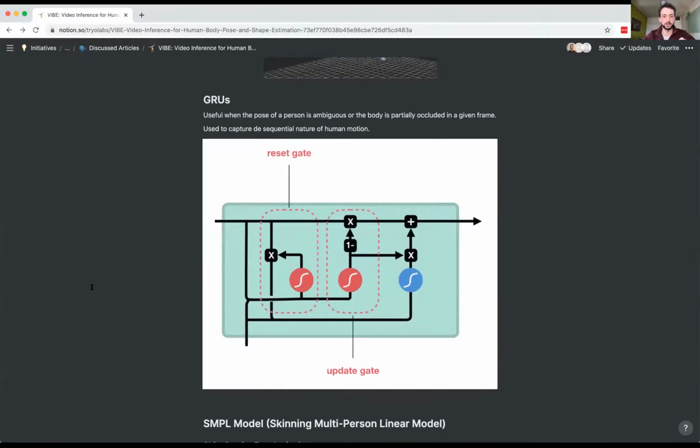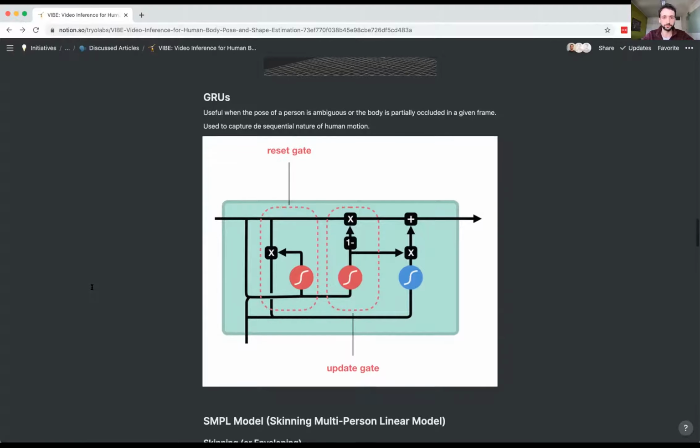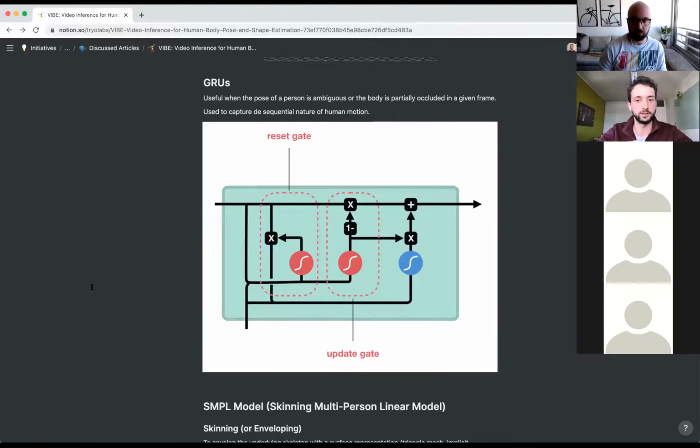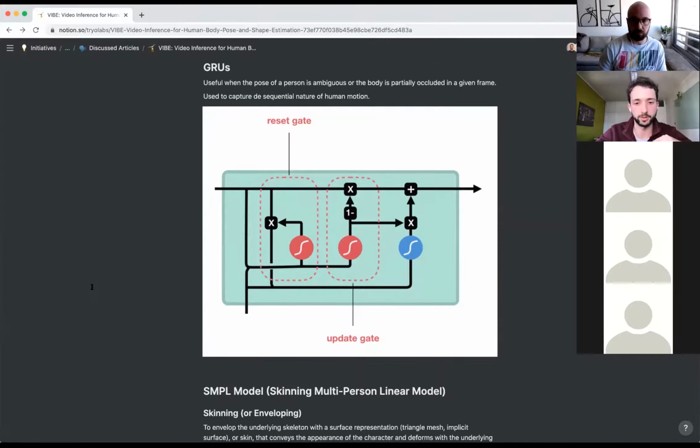The intuition here is that if we have an ambiguous frame or the body is partially occluded in a frame, because we saw previous and forward frames, we have enough information to make a good body pose inference there. And also the idea is the temporal encoder is able to capture this sequence of the human motion, as we mentioned in the beginning.